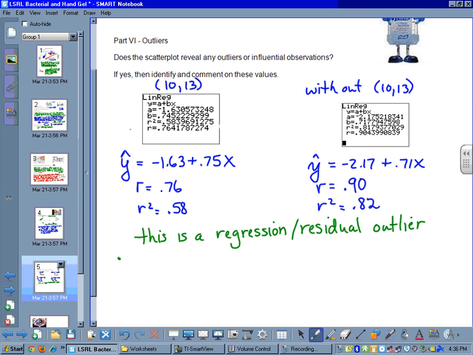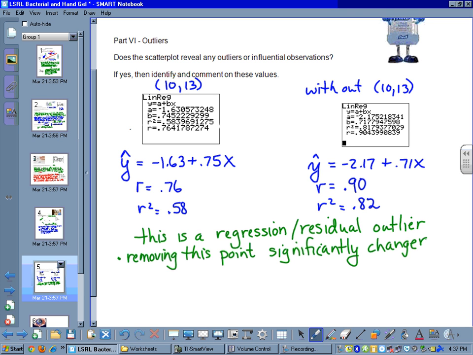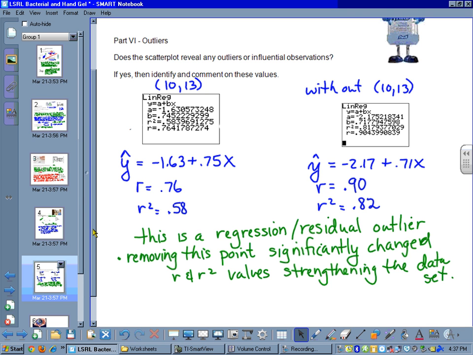And number two, removing this point significantly changed the R and R squared values, strengthening the data set, at least strengthening the association of the data set.